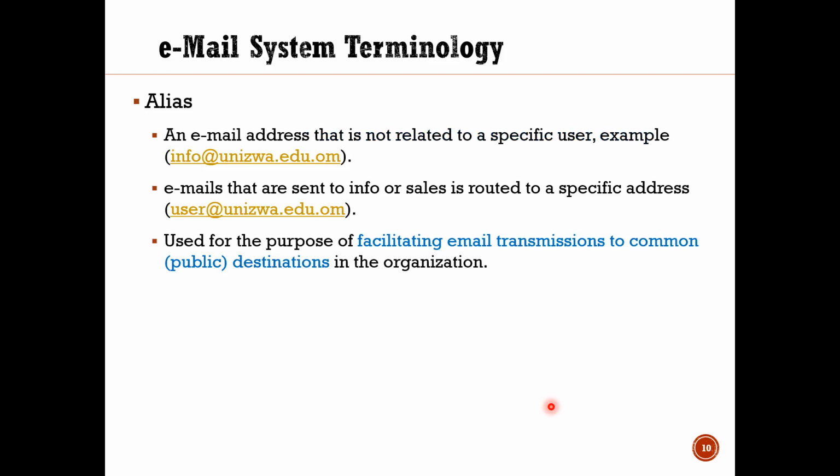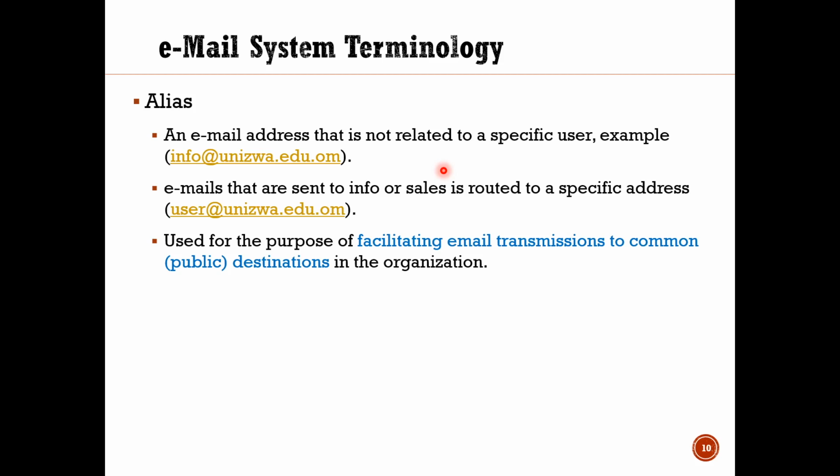Alias. It is actually an email address. It is a very good terminology here, a very important and essential concept, whereby an email address is not related to a specific user, but emails are sent to a general email address.